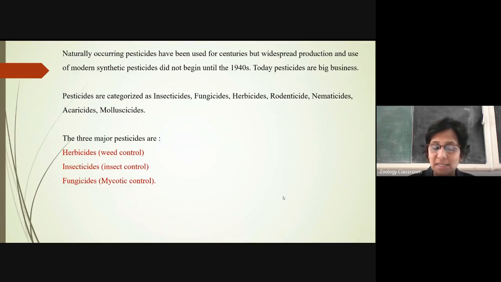Nematicides are also pesticides, used to control soil, leaf, and stem dwelling nematodes. Okay, these nematodes are the roundworms. And acaricides are pesticides used to control ticks as well as mites.